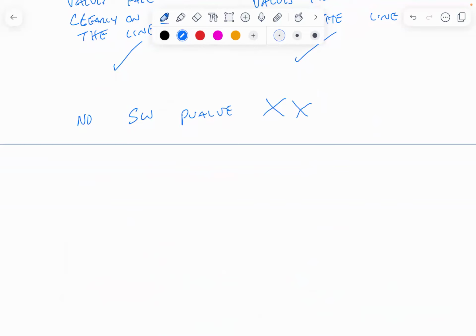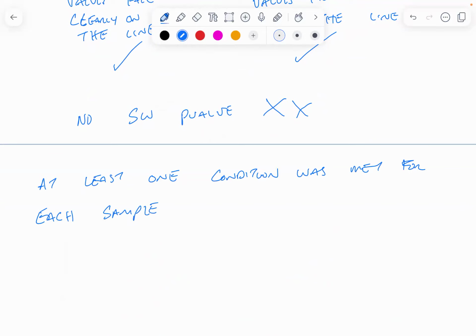So, all right, our statement now. At least one condition was met for each sample, and that's the big part. Actually, we can specify.